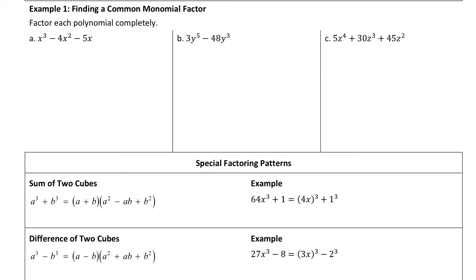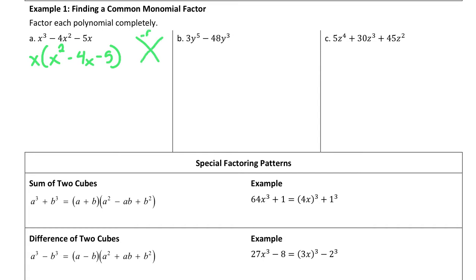So in part A, I can factor x out of each term. If I factor x out of each term, this becomes x squared minus 4x minus 5. Then we have a quadratic, so we remember you can factor this quadratic using that strategy.